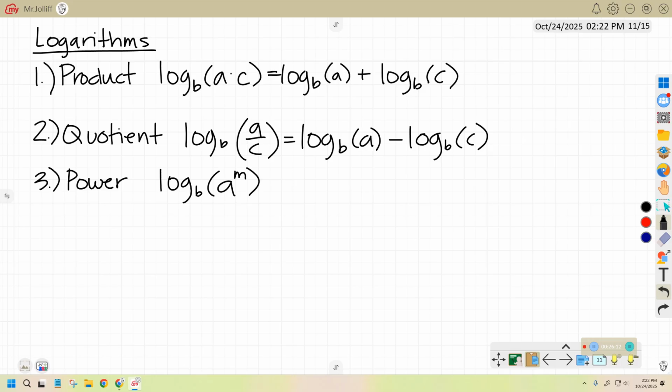Yeah, this m is going to be pulled out in front, and I'm going to times it. Logs pick off exponents. So exponents inside a log become constants in front of the log. That's what logs do. Logs undo exponentials. They pick the exponents off.